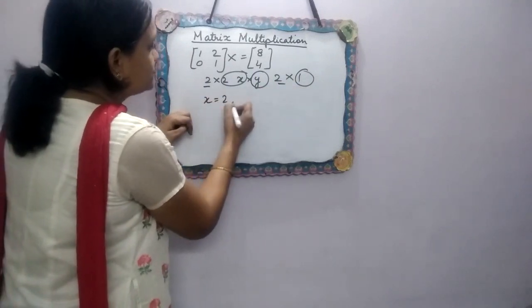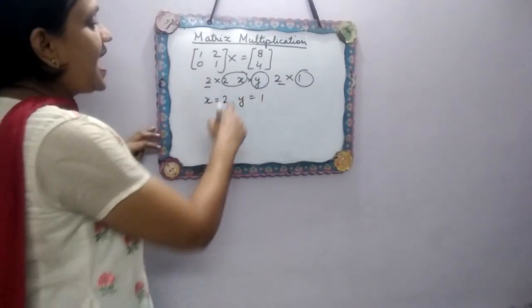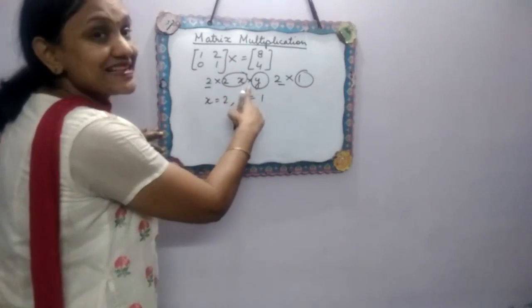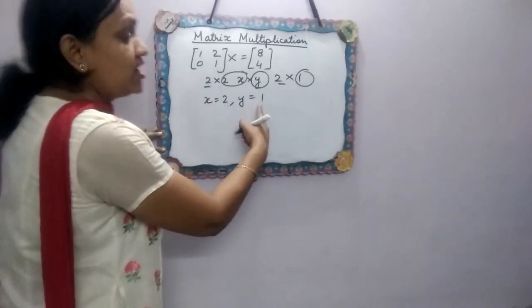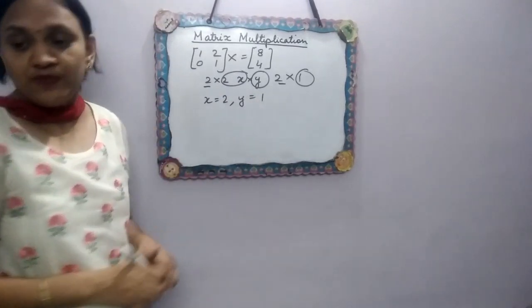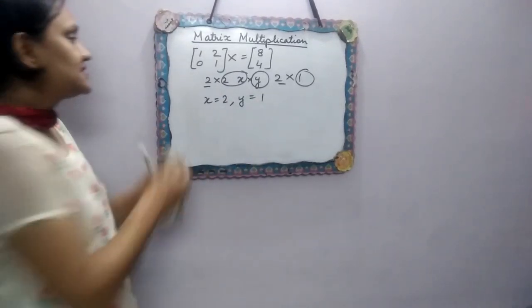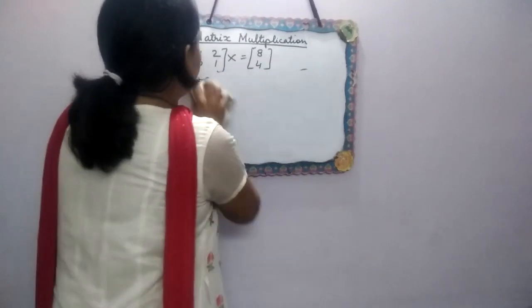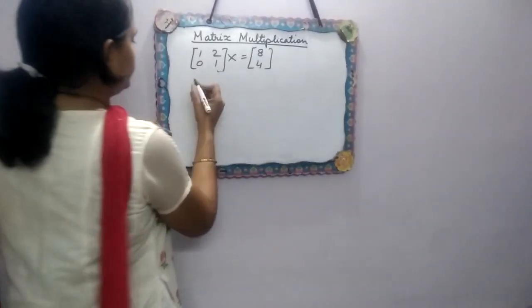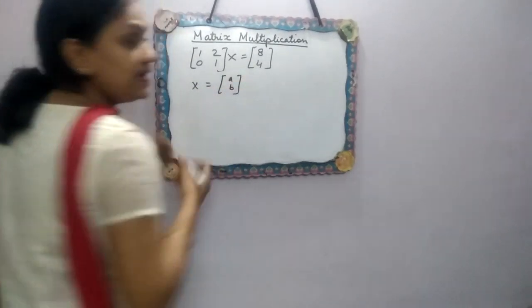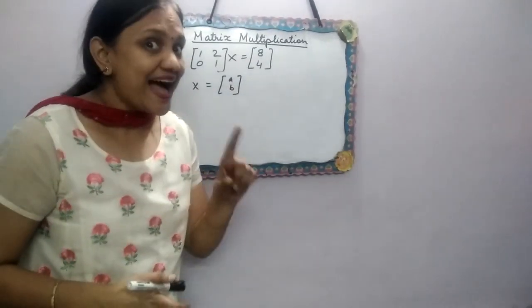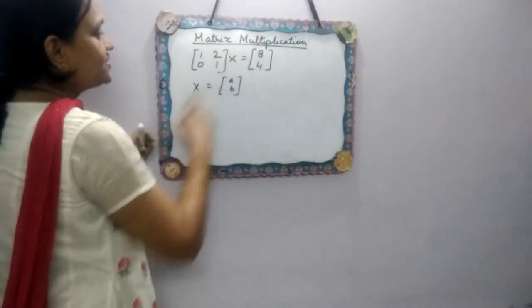X is equal to 2, Y is equal to 1, and the order of X is 2 by 1. So let's assume that X has the values A and B. X has 2 rows and 1 column. Let's put this over here.